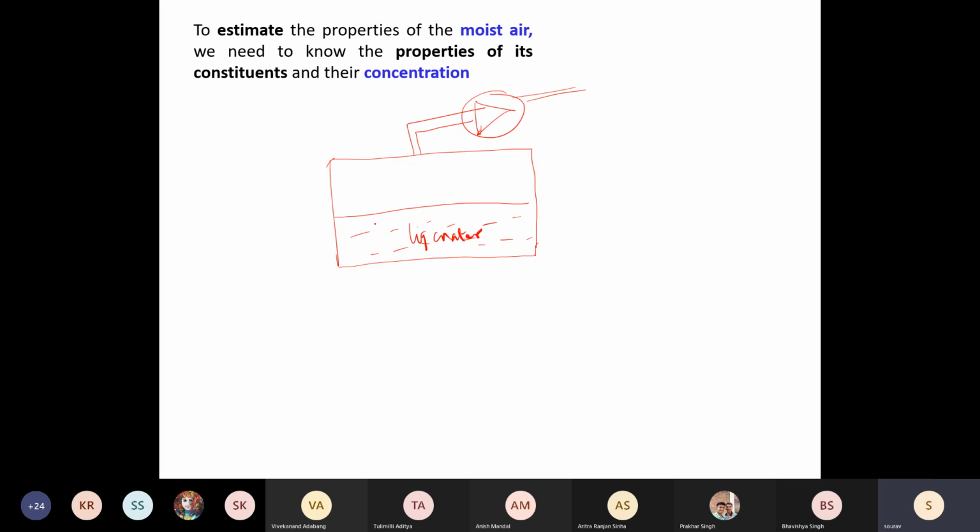So what would be above this liquid water surface? This will be water vapor. All the air has been drawn out. Let's assume that the temperature of water is 30 degrees. What would be the pressure exerted by this vapor at thermodynamic equilibrium?